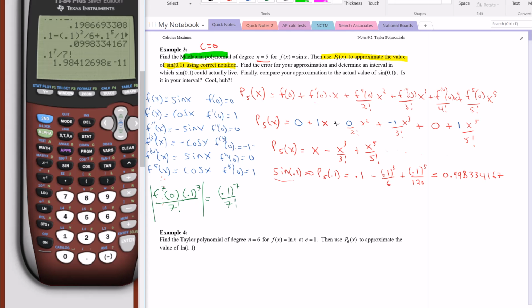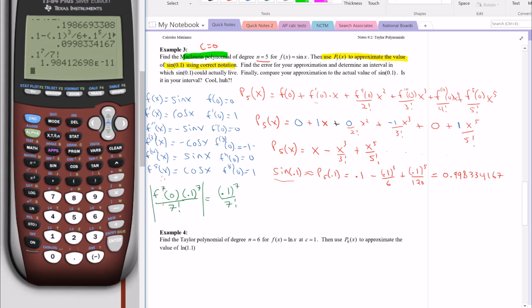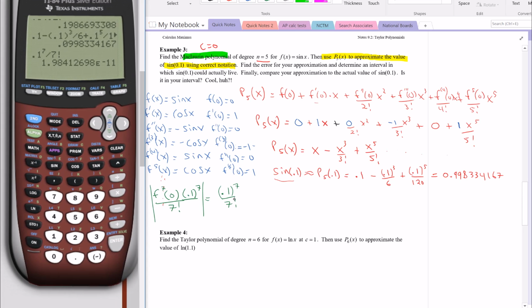So this thing here is the most that it could differ by, right? The sine of 0.1 cannot be farther away from our approximation, which was this 0.9. It can't be farther away from sine of 0.1 than that. So what we could write is an inequality, right?